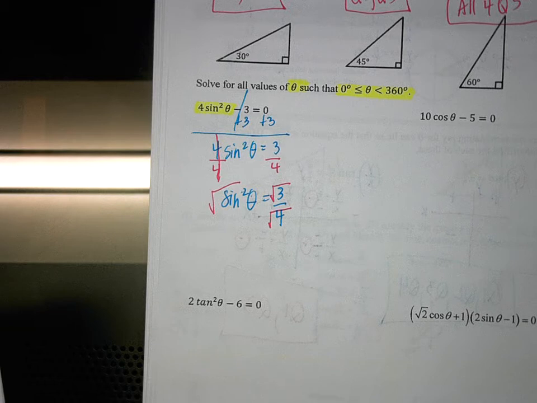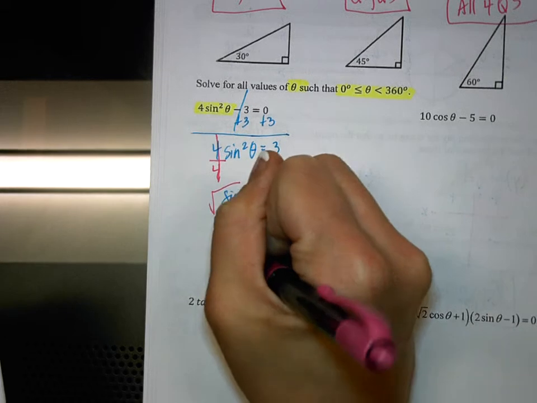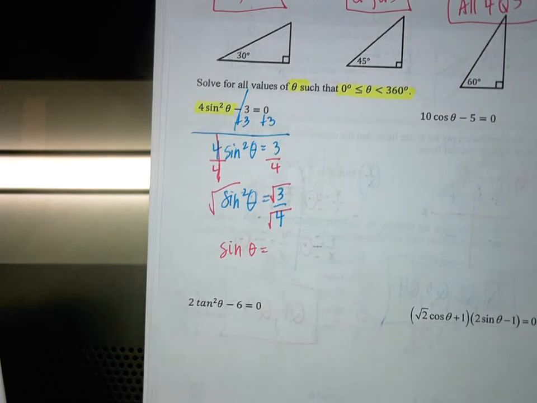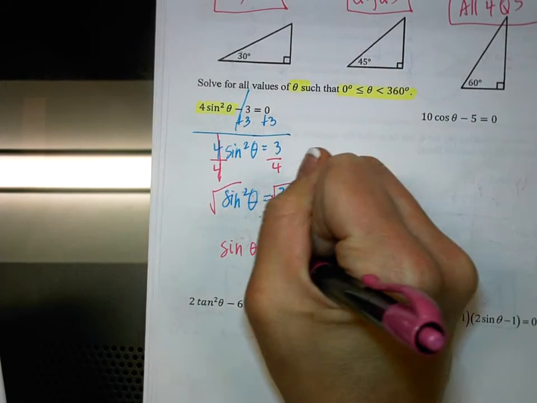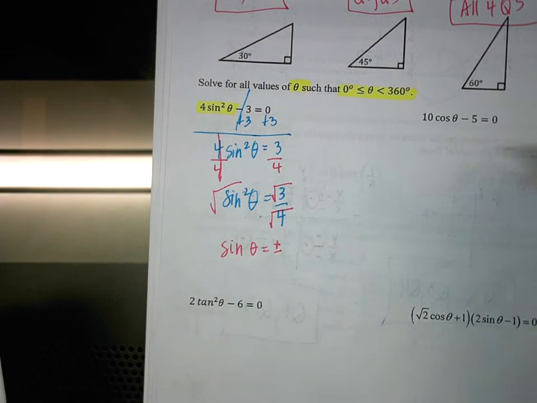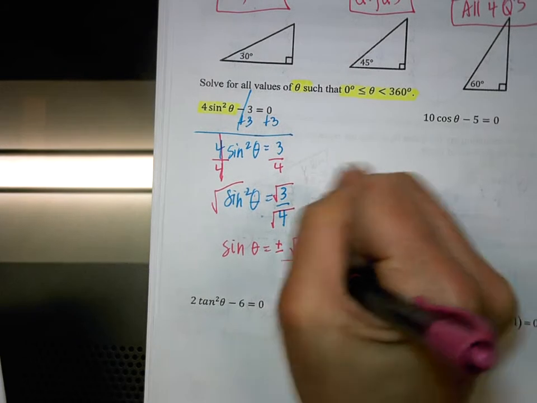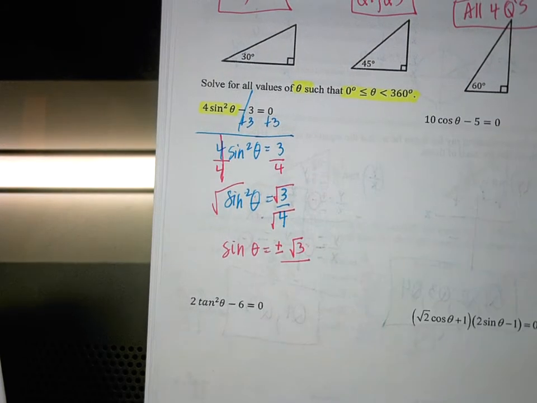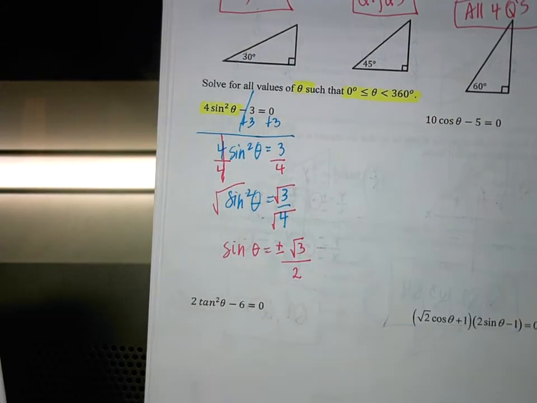Remember how we do the absolute value and we end up getting the positive and the negative? So what you need to remember is that when I have sine of theta, since I've taken the square root, my answer is going to be plus or minus. Can I simplify the square root of 3? Nope, it's just the square root of 3. Can I simplify the square root of 4? Very good.